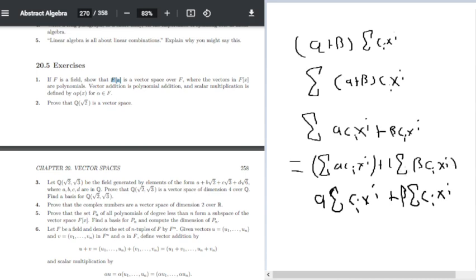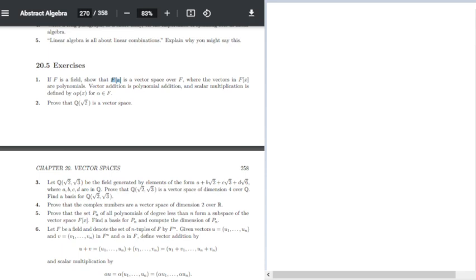Alright, so that shows the distributivity of the scalar multiplication. And also, I'm just going to leave the vector addition and the distributivity of scalars, it's kind of obvious, and then the one value, we just have 1. Under this identification, since 1 times c_i is equal to c_i, we have 1 times v is equal to v. So yeah.